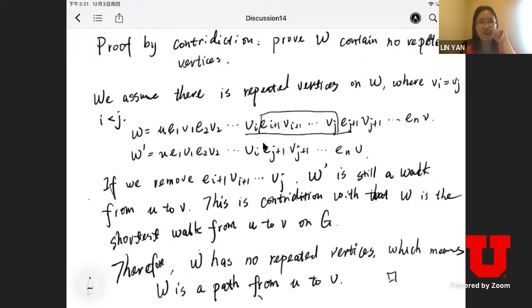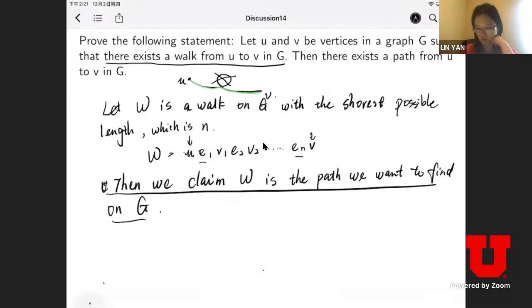Any question about this question? The main idea of this problem is that if there is a walk from U to V, you can always find a subset of the walk such that it is a path, with no cycles on it.